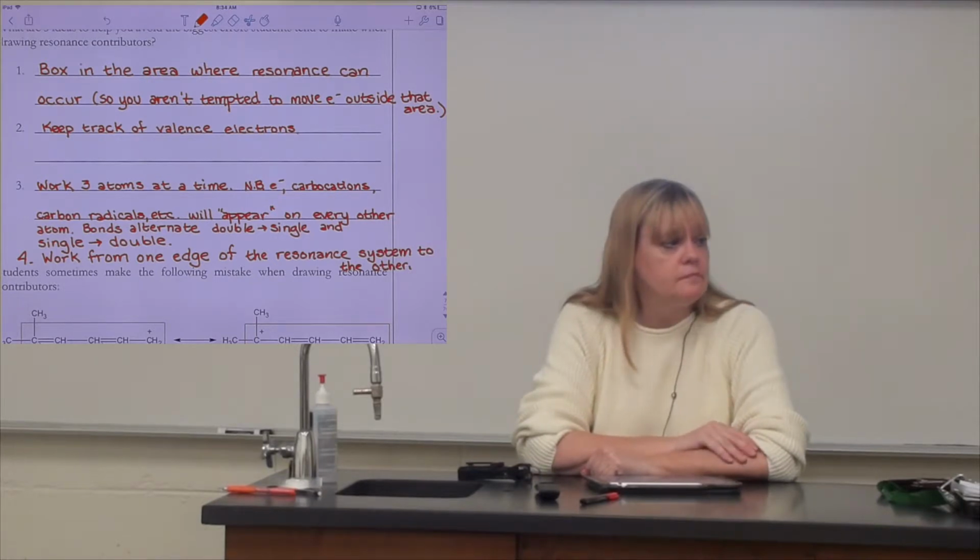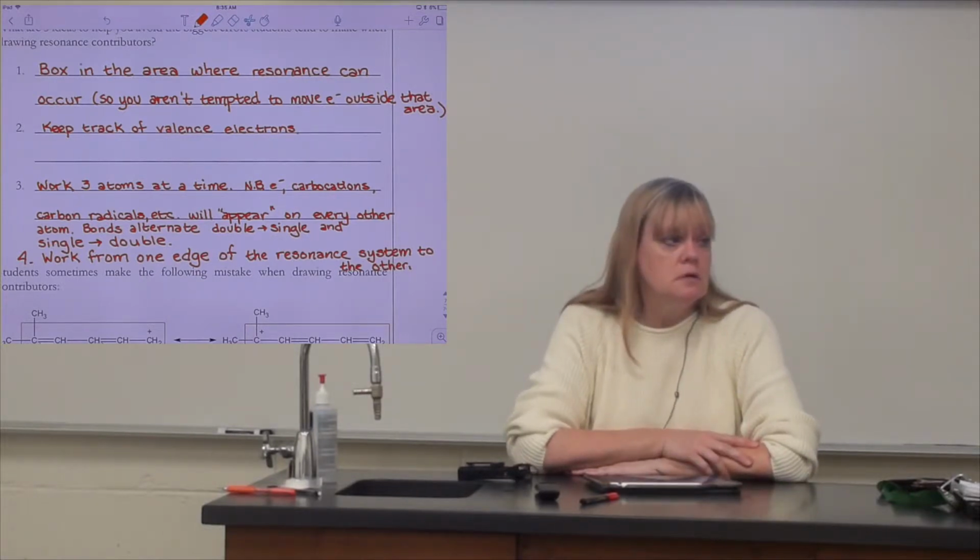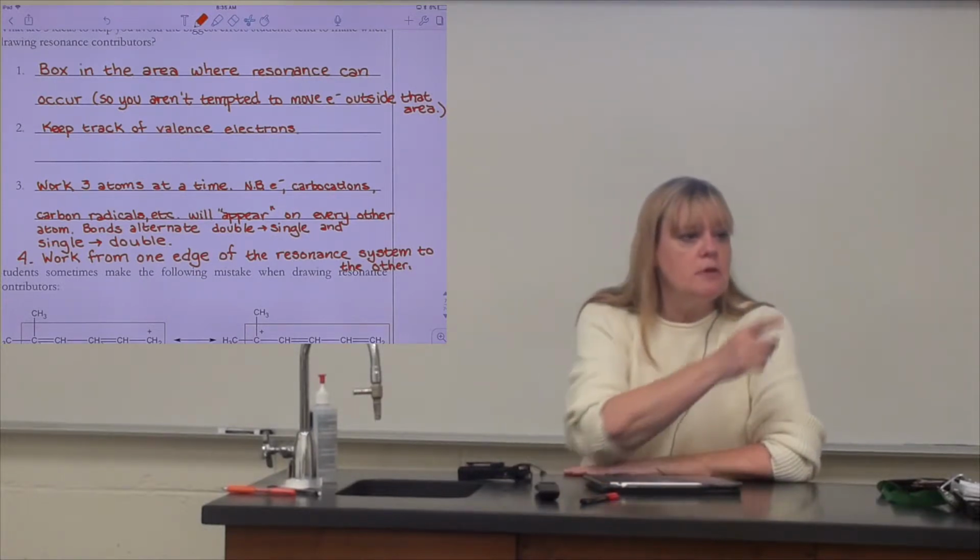So when it says one edge to another, if there were 5 in a row, you would still go all the way to the end? That's right. But you do it 3 atoms at a time. So you might have to do multiple steps to catch all of the resonance contributors. And I'll show you an example of that in a minute.